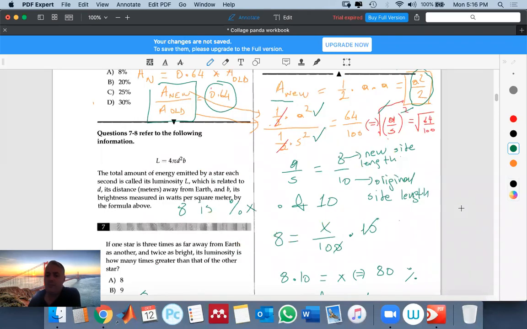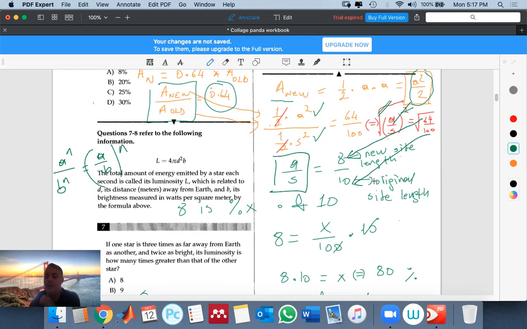So in the calculation, 1/2 and 1/2 simplify. A to N over B to N, we can write as A over B to the power of N. So it will be A over S to the power of 2 equals 64 over 100. When I take the square root of both sides, A over S is equal to 8 over 10. Then the old length is 10, the new length is 8.